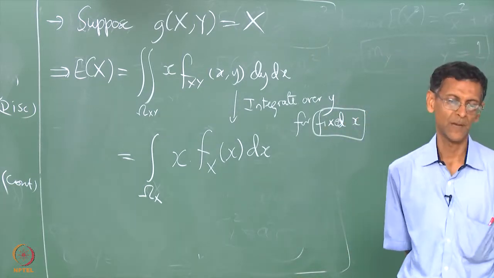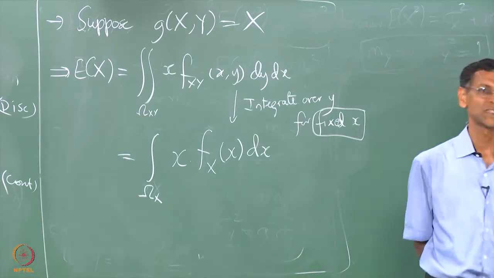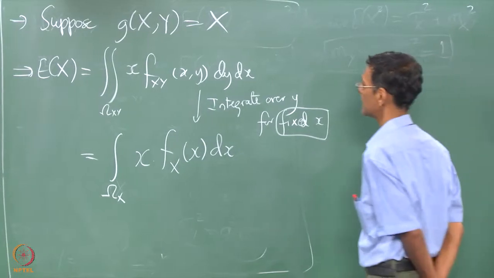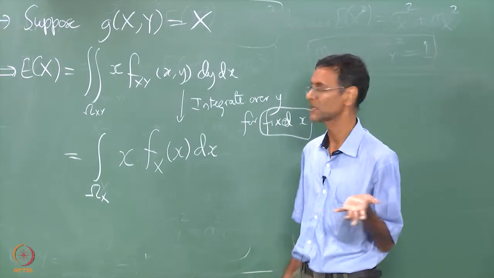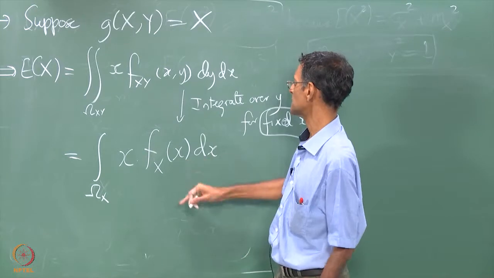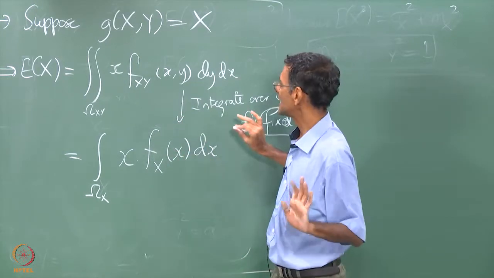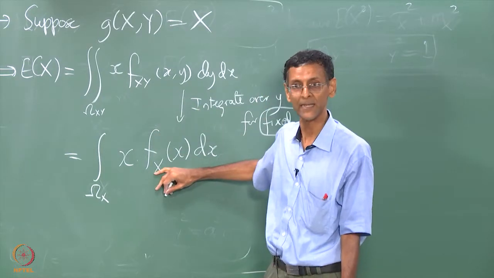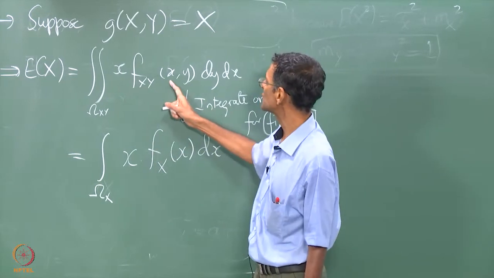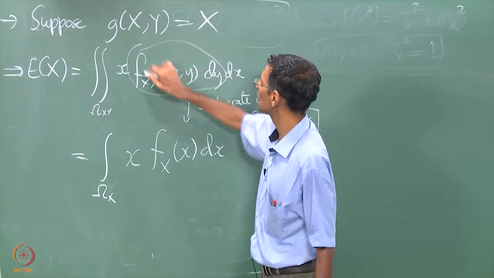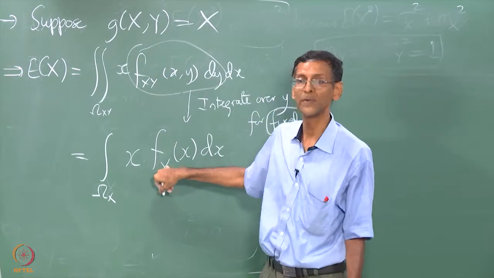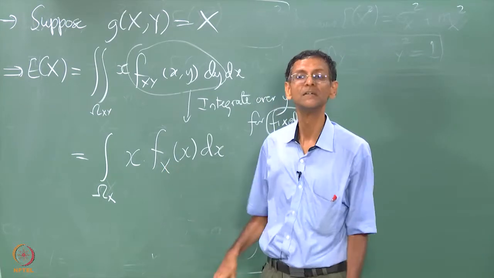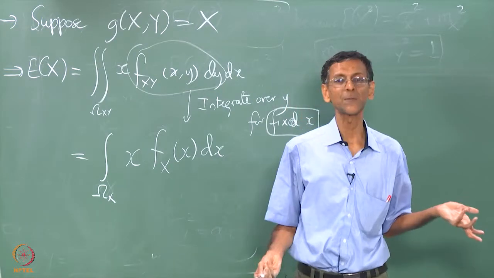Remember, I said in my very first lecture that you must be very clear about multivariable integration, and I think you have done enough examples in some homeworks to appreciate this. So without taking any specific examples, I can always go from here to here. If I integrate with x fixed, that integral for fixed x is always the marginal density by definition. And this is E of x as per the earlier definition.